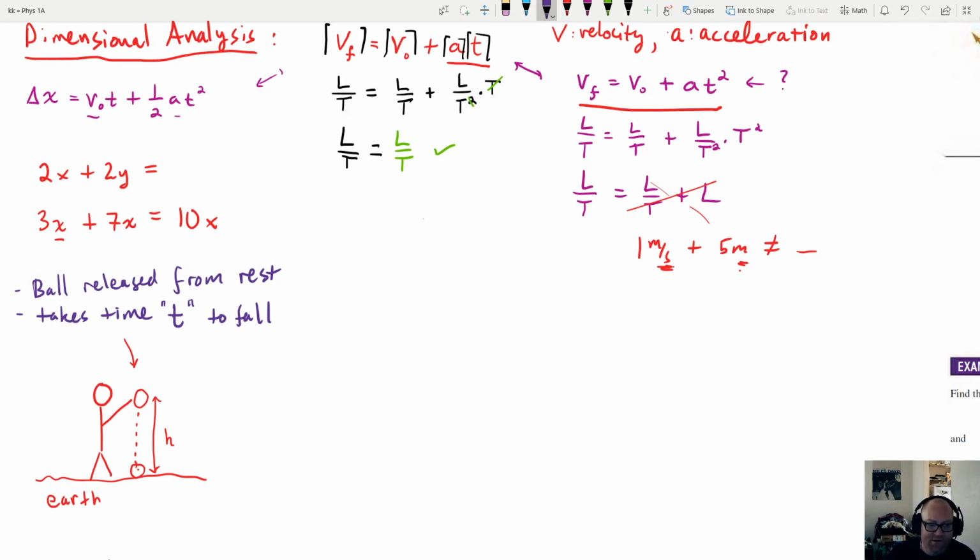So the question is this. How much higher should I drop the ball from if I want to make it take twice as much time? Okay, so that's the question that we're going to work with here.